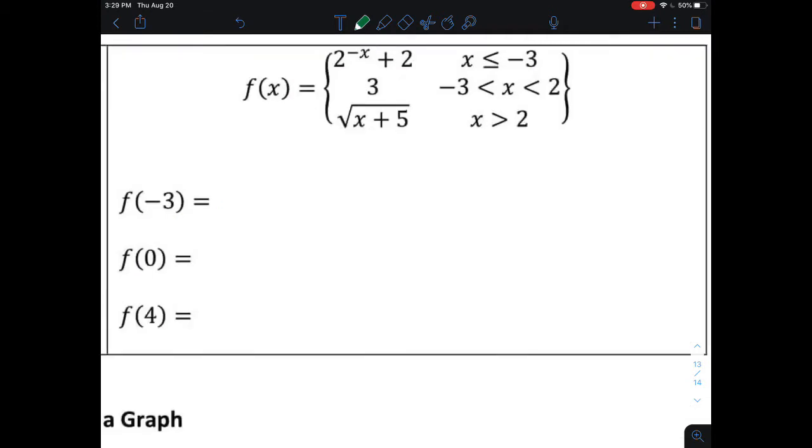So let's do this process over again. New piecewise defined function here. I want to find 3 values. So find what f of negative 3 is. Well, I look at this first piece, this top equation, 2 to the negative x plus 2.